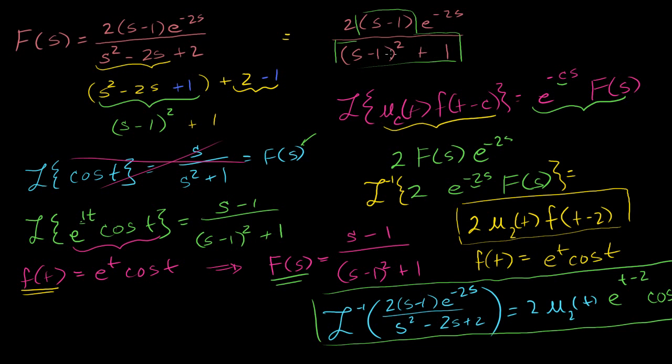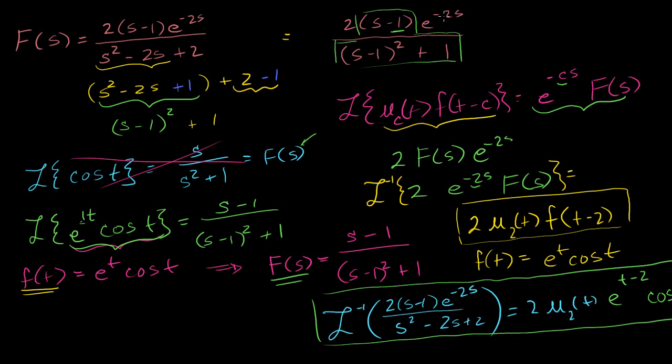So we said, oh, that means that we're multiplying our original time domain function, our f of t, times e to the 1t. And that's what we got there, right? So the Laplace transform of e to the t cosine of t became s minus 1 over s minus 1 squared plus 1. And then we had this e to the minus 2s this entire time.